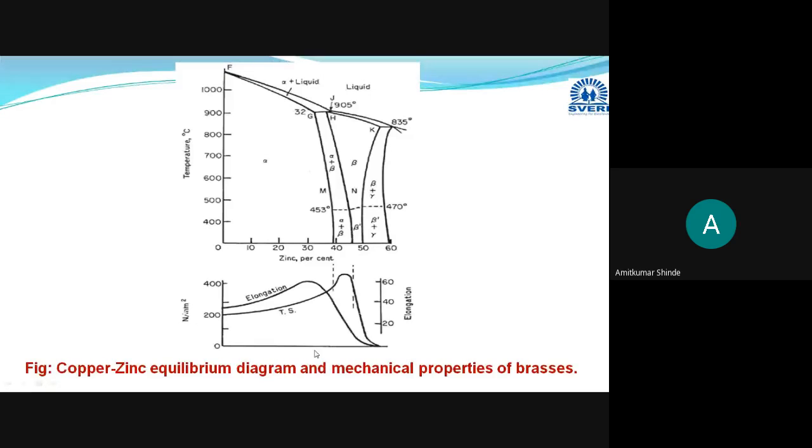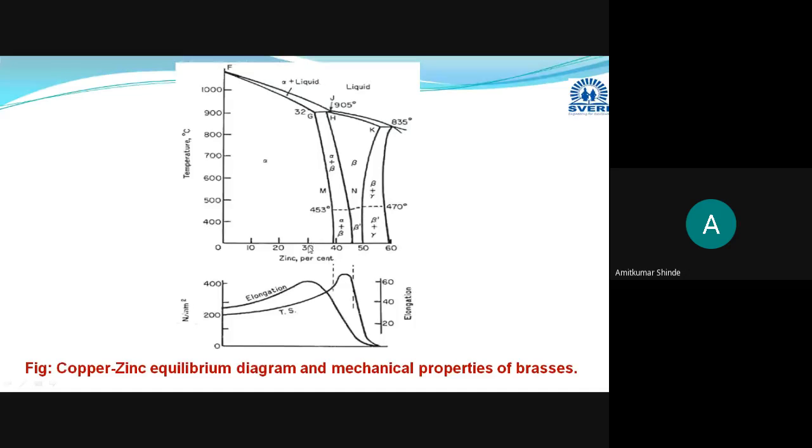Again, on the x-axis, the percentage of zinc will be there, and on the y-axis, on the left side, we have taken tensile strength. On the right side, we have taken the elongation. Now here, as the percentage of zinc goes on increasing, up to 30% zinc, ductility and tensile strength both increase.